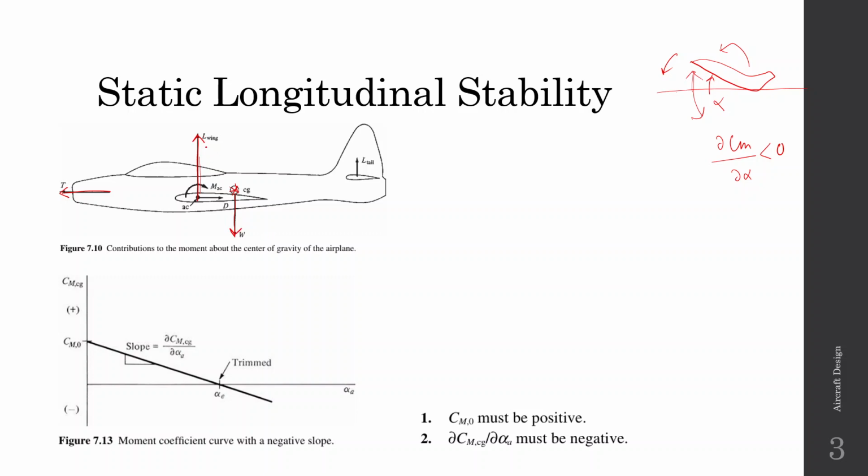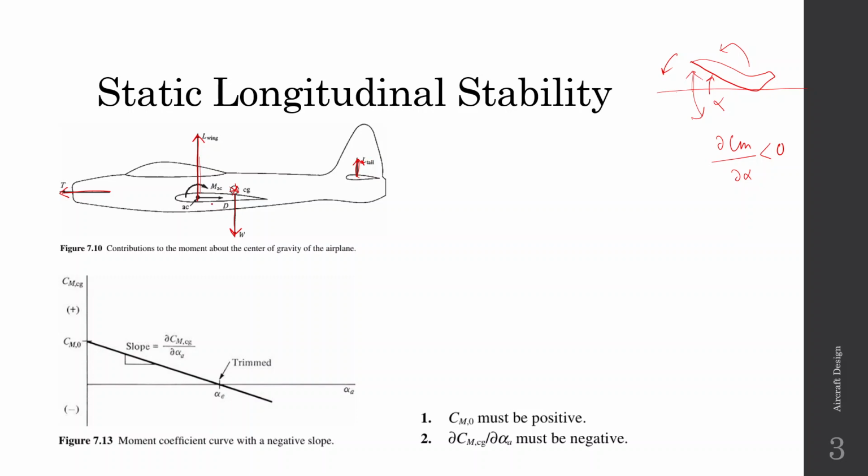The lift of the wing acts along the aerodynamic center of the wing. Similarly for the tail, you have another lift vector which acts along the aerodynamic center of the tail. These are the forces.